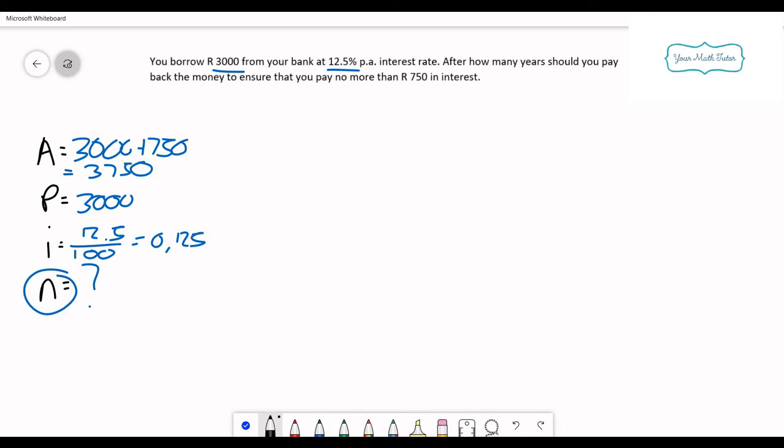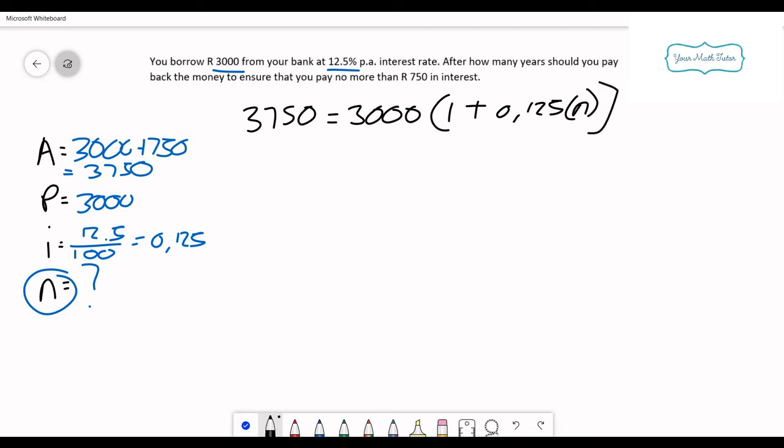Okay, so let's start with the calculation. 3,750 is equal to 3,000, which is P, times (1 + 0.125 times n). So the first thing is that we divide both sides by 3,000. So we have 3,750 divided by 3,000 gives us 1 + 0.125n.